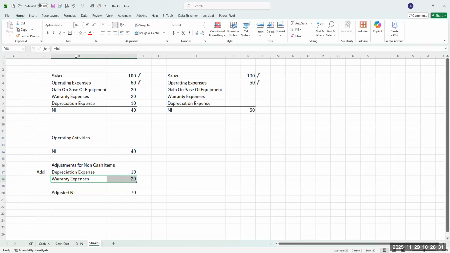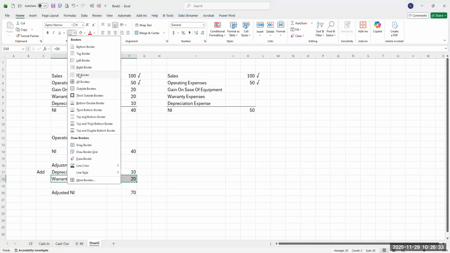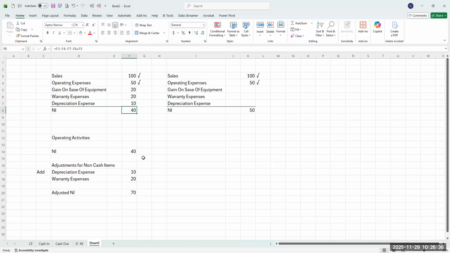Watch this. My starting point is 40. Warranty, no cash equivalent, I'm adding it back. Depreciation, no cash, I'm adding it back. If I leave it the way it is, I'm going to end up with $70. But I have this gain, which is included in this net income, so I have to deduct it, less gain on sale, $20.